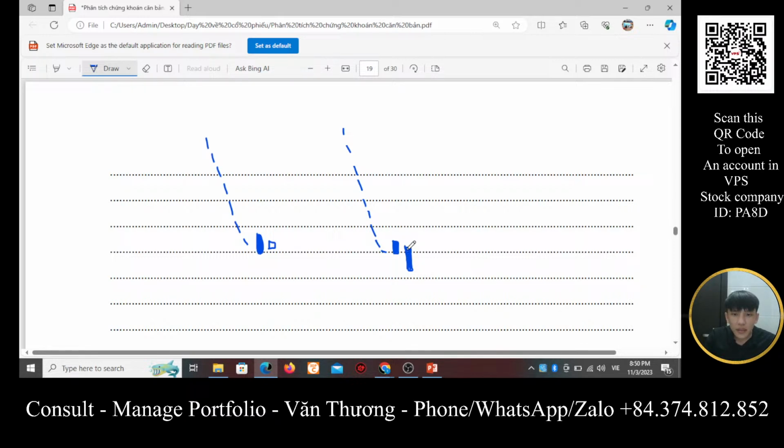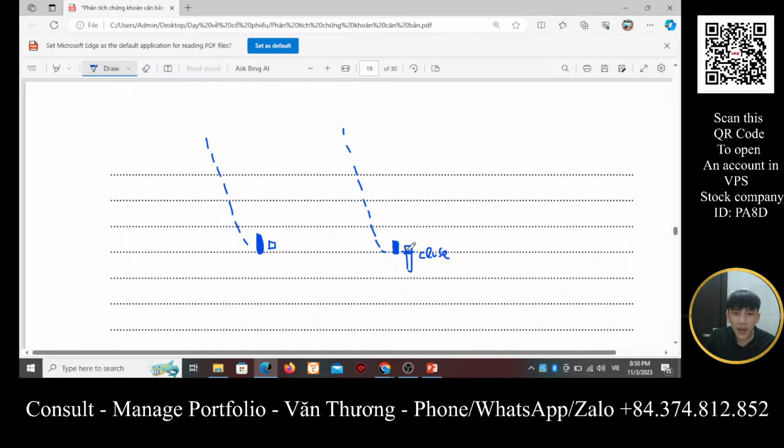But at the end of the day, the index closes in here, and no, the white. So the index closes here. That's the first day of recovery as well.